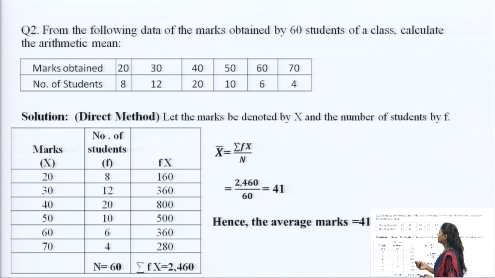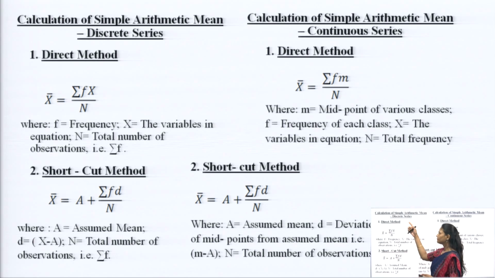So, here in direct method, when we talk about a discrete series, this frequency is multiplied by your x, the data which is given to you, and divided by the total number of people, total number of employees who are given. So, f is the frequency, x is the variable of the equation, n is the total number of observations which is given by summation of f.